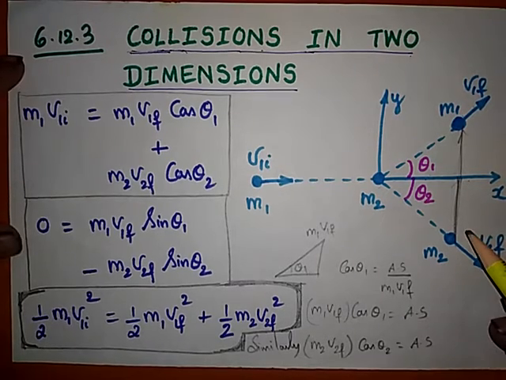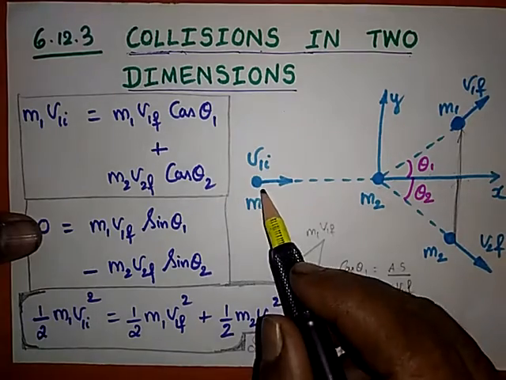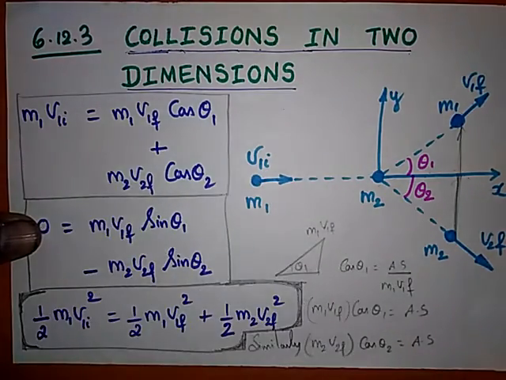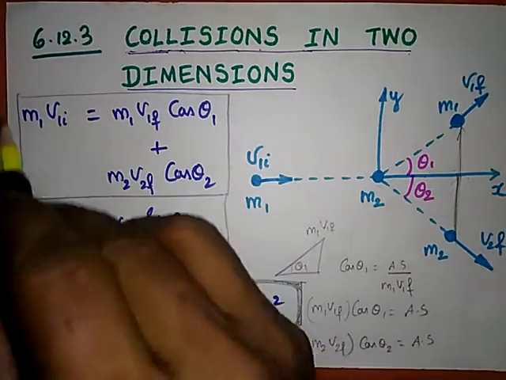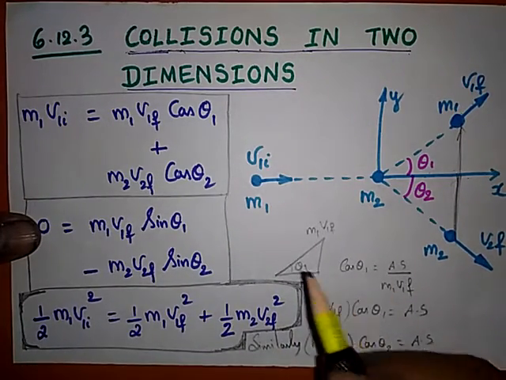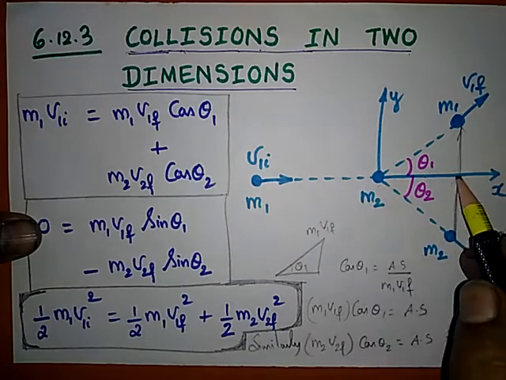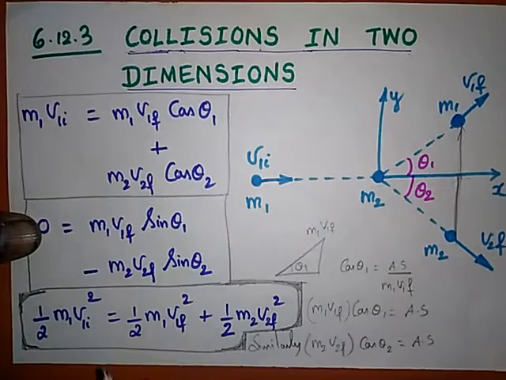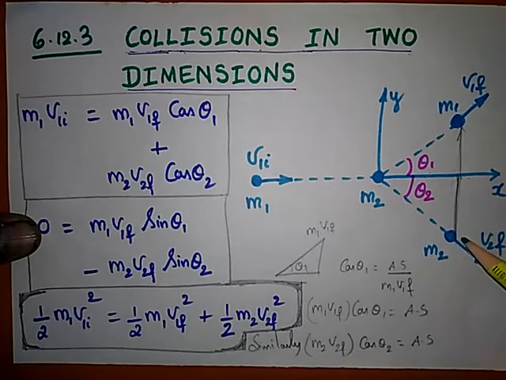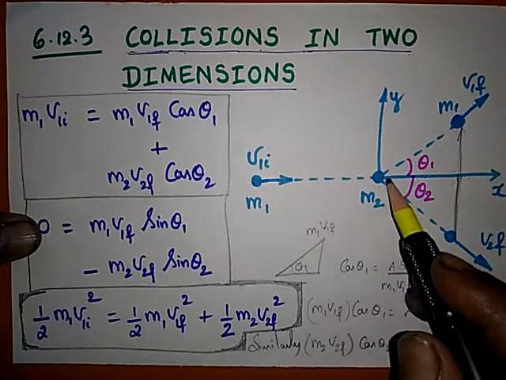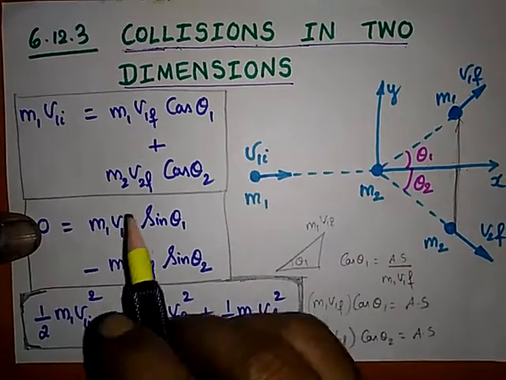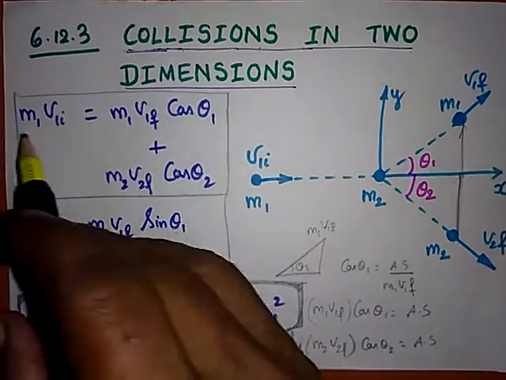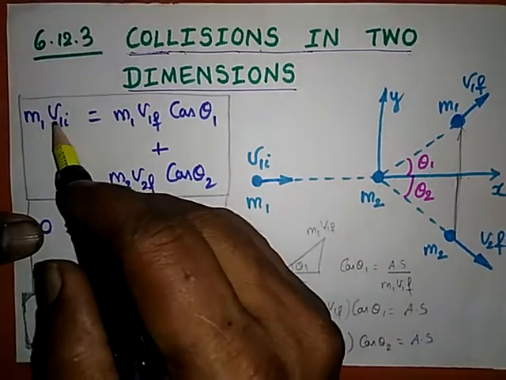Initially, the momentum is mass into velocity, m1 v1i, and this is equal to the final momentum. This strikes, and the horizontal component along this is m1 v1f cos theta 1. And because of m2, we have along the x direction the component m2 v2f cos theta 2. When you add these two components, it should be equal to m1 v1i.